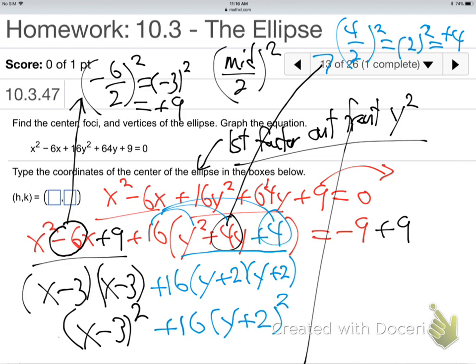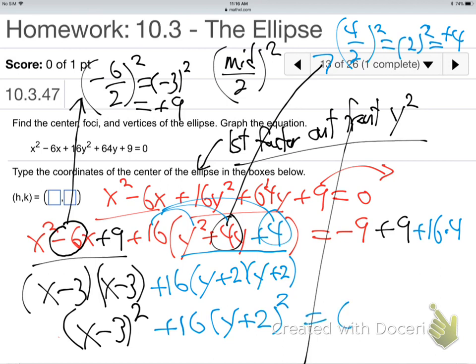By putting a brand new 4 here under the influence of a 16, I really added whatever 16 times 4 is to the left side. So I have to really add whatever 16 times 4 is to the right side. Does everybody see that? Not just 4, but the real effect to the left side, which is 16 times 4, is brand new. So 16 times 4 must be on the right side, which is 64.